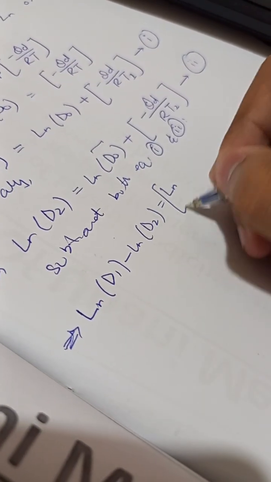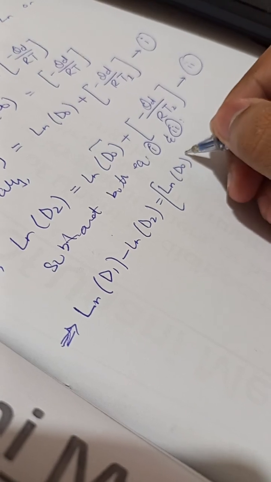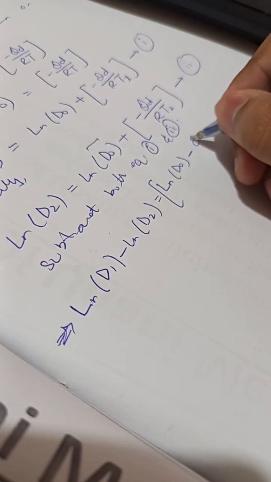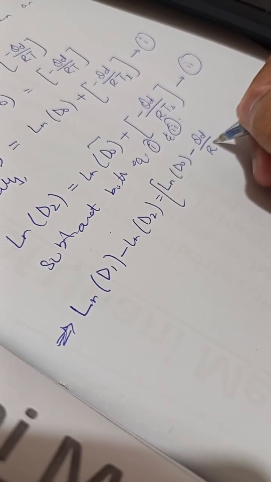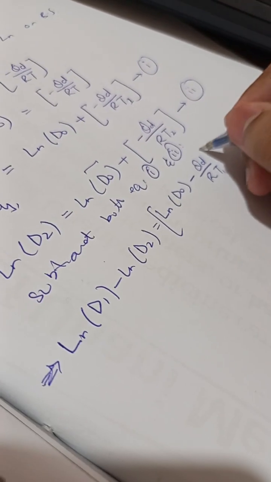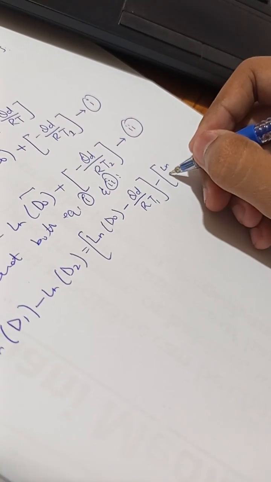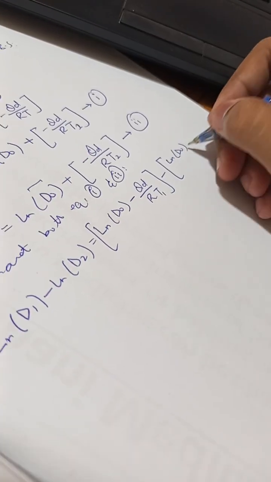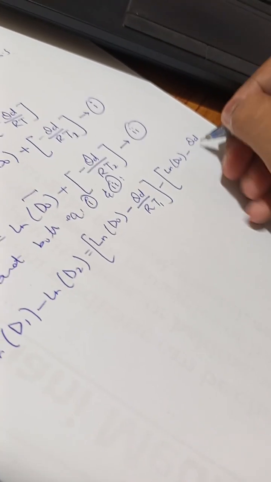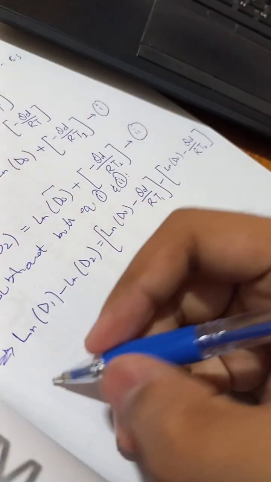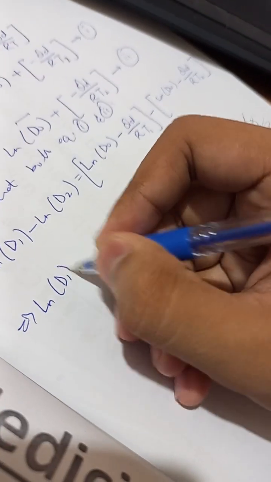First we are going to use it in terms of, I am multiplying this, ln D0, Q_D over R T2. Now simplify this very equation.